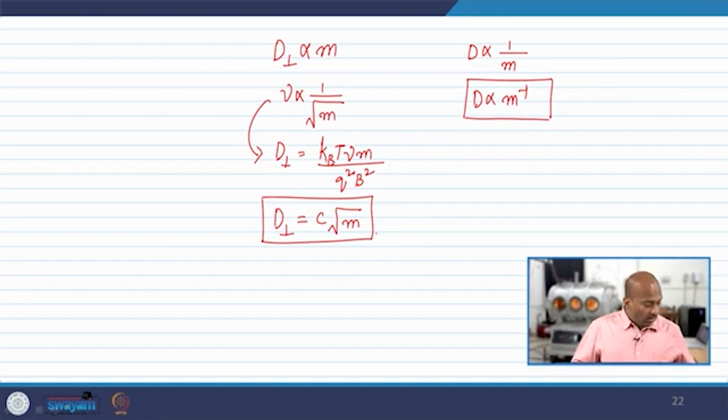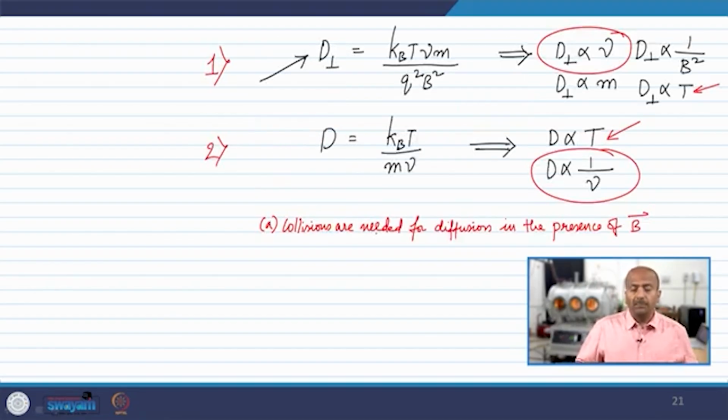What we have seen in the last slide is the dependence of two different types of diffusion coefficient on the collisional frequency. What we have understood is that collisions are very much required for the diffusion of plasma to happen in the presence of magnetic field, whereas the same collisions will retard the diffusion in the absence of magnetic field.